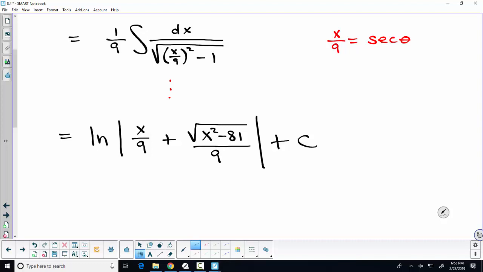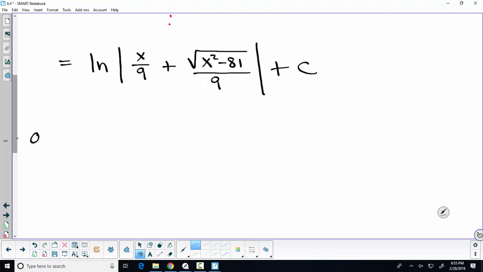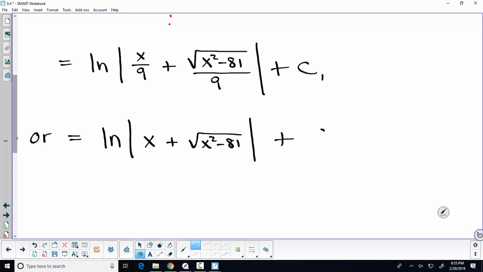That 1/9 is like playing the role of that 1/4. So we could say that it's the ln absolute value of x plus the square root of x squared minus 81, we'll call that constant 1. Constant 2 is then constant 1, C1, and the natural log of 1/9 put together.